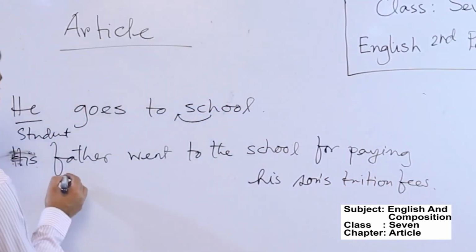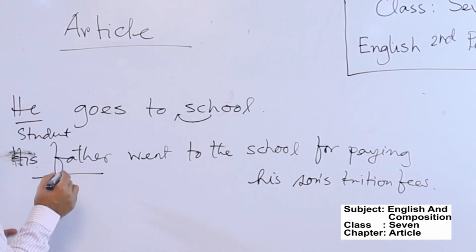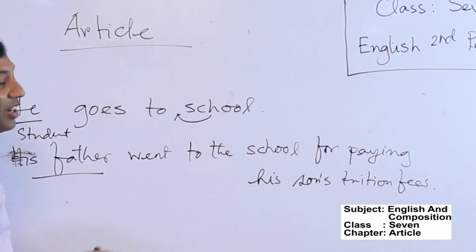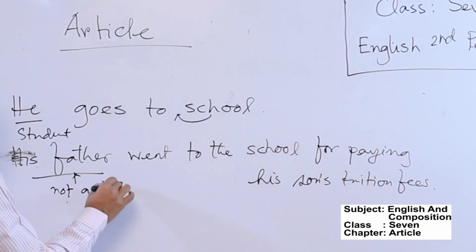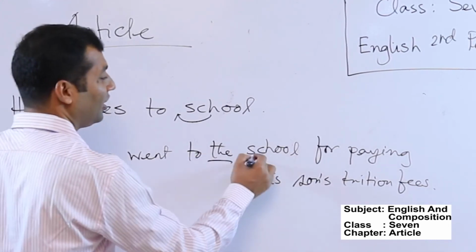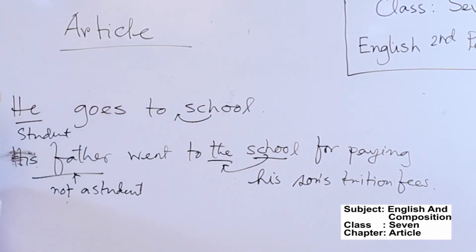So look at here, his father, his primary purpose is not to go to school for study. This is his secondary purpose. So he is not a student. So here you need to use the article the before the noun.